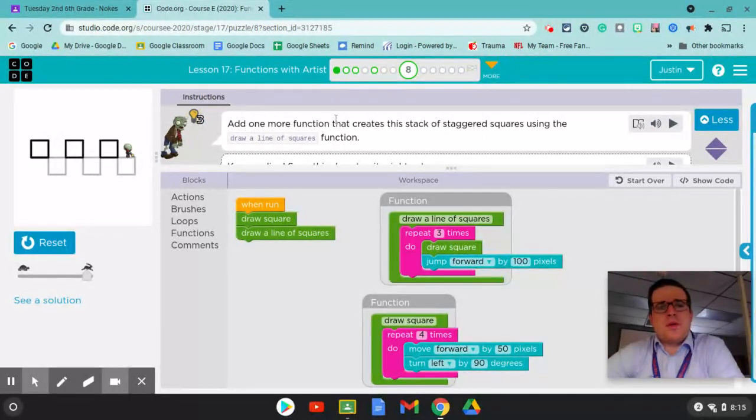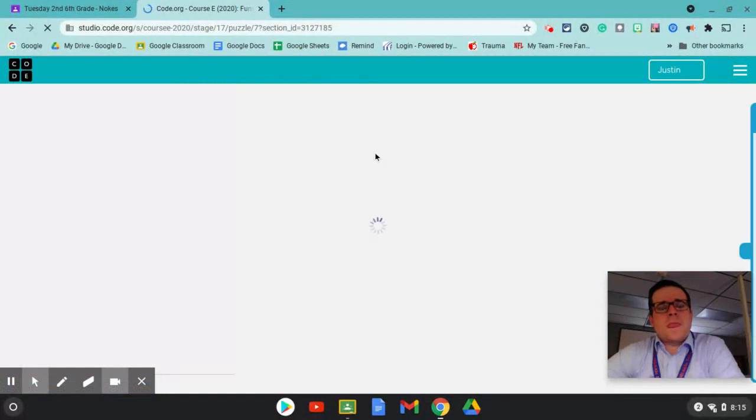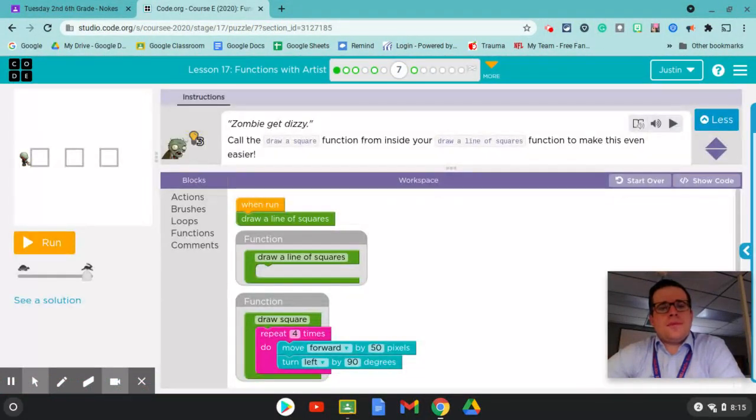It says add one more function that creates the stack of staggered squares using the draw a line of squares function. So like last week on 7, you drew 3 squares. Okay?